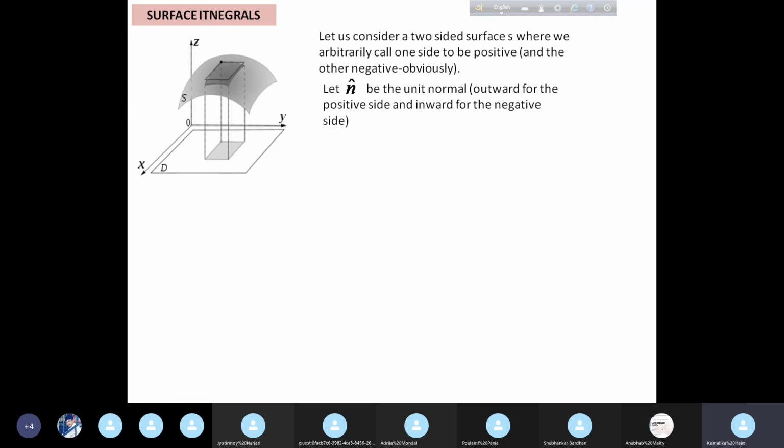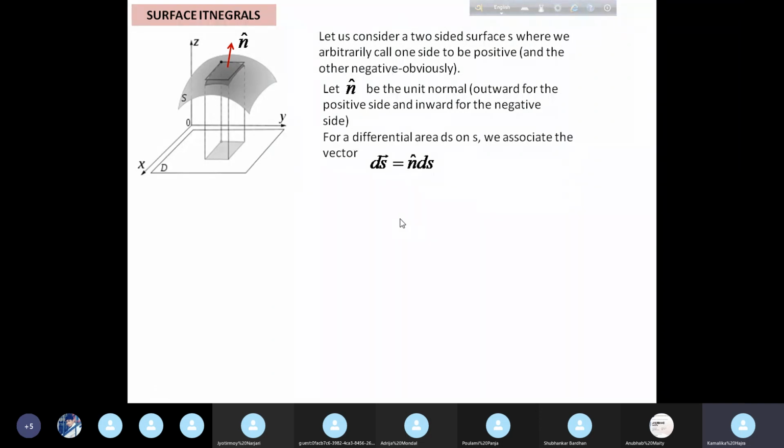The normal to the top side will be called the outward normal, and the normal to the bottom side will be called the inward normal. So this is n cap, which is outward for the positive side or the top side. For different positions on S, the direction of n cap will change. So n cap is constant at a given position, but if you take n cap at different positions, its direction is going to change.